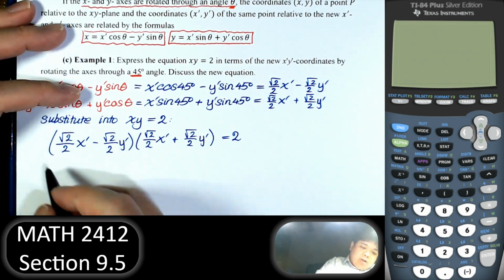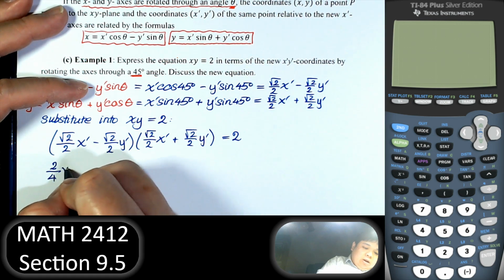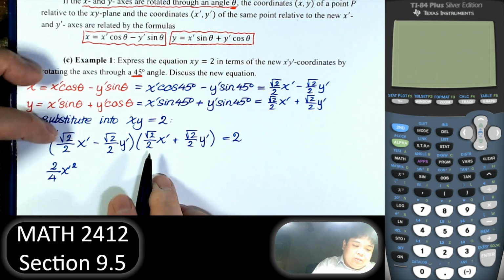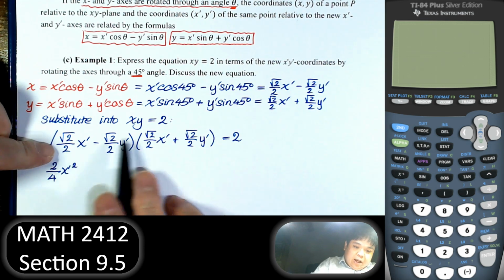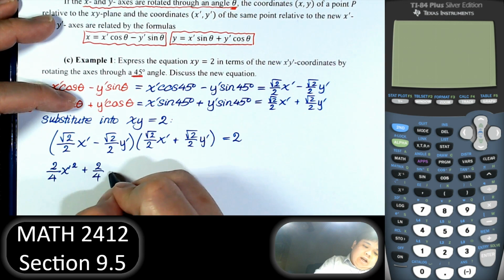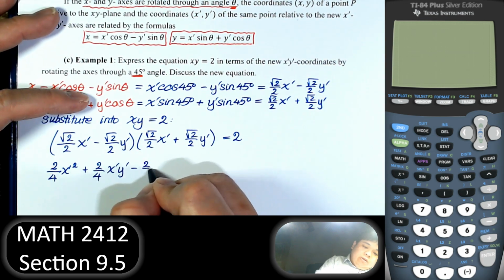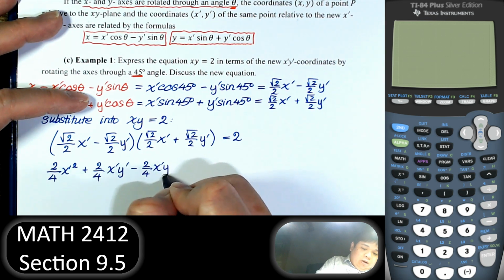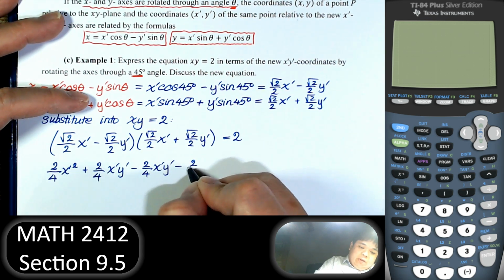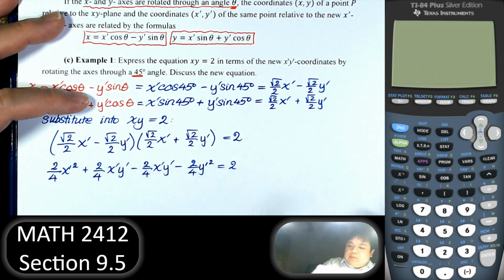Square root of 2 times square root of 2 gives us 2 over 4 x prime squared. That times that, also 2 over 4 x prime y prime, minus that 2 over 4 x prime y prime, and minus 2 over 4 y prime squared equal to 2.